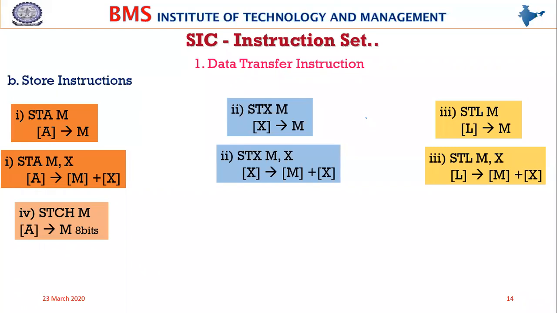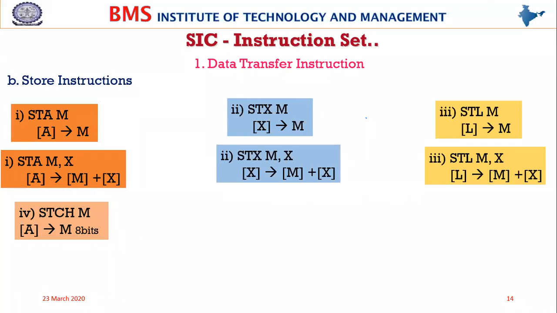Similarly, we have STCH, store character, which is of 8 bits. Contents of the accumulator will be moved onto M. And see, whenever we are loading a character, you cannot directly load it into registers like X and L. You can only load it onto the accumulator, right?